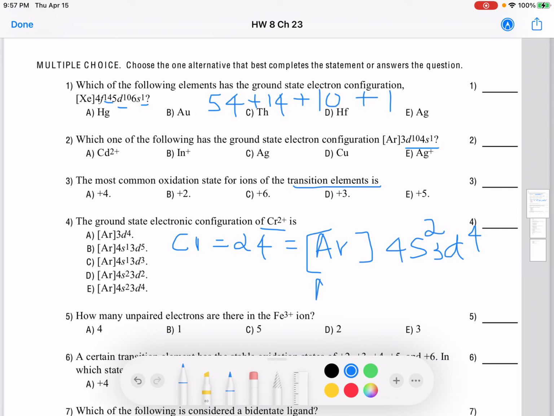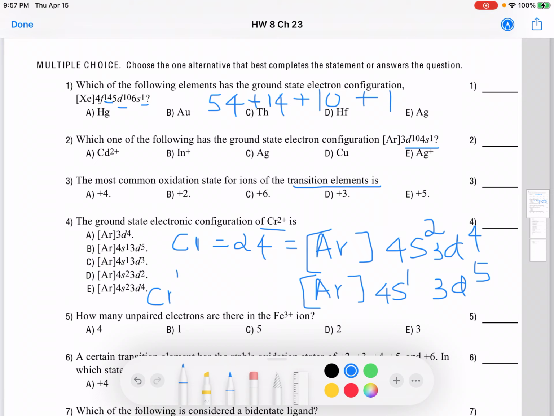But we learned that when you have 4s2 3d4, it would be more stable when you have 4s1 3d5. That's going to be the electron configuration for chromium. This is for chromium that I have written.